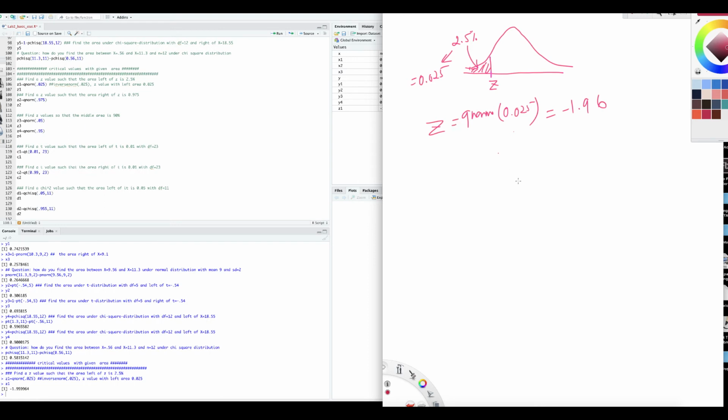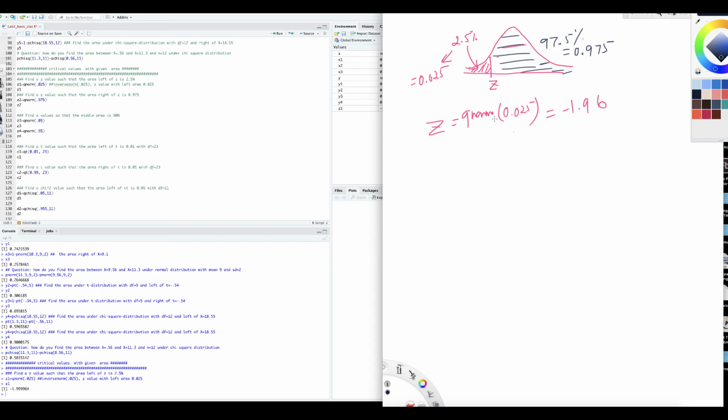Similarly, if you want to find the G value when the right area is given instead of the left area, suppose the right area is 97.5%, that means 0.975.